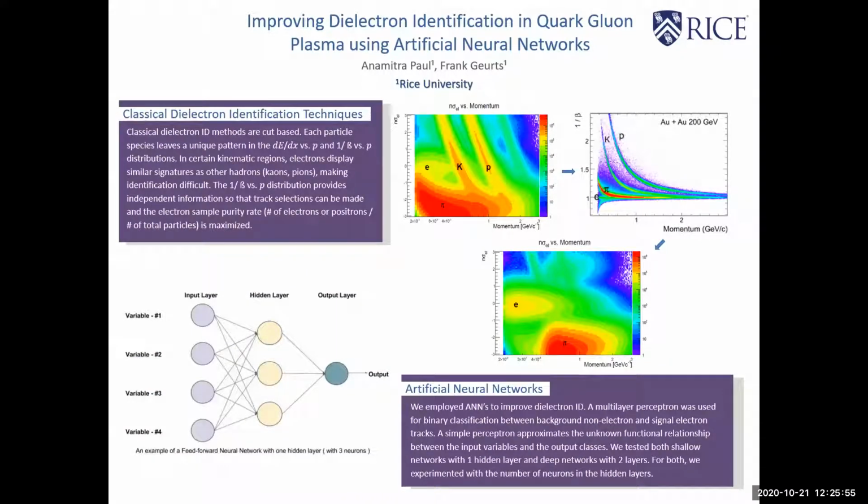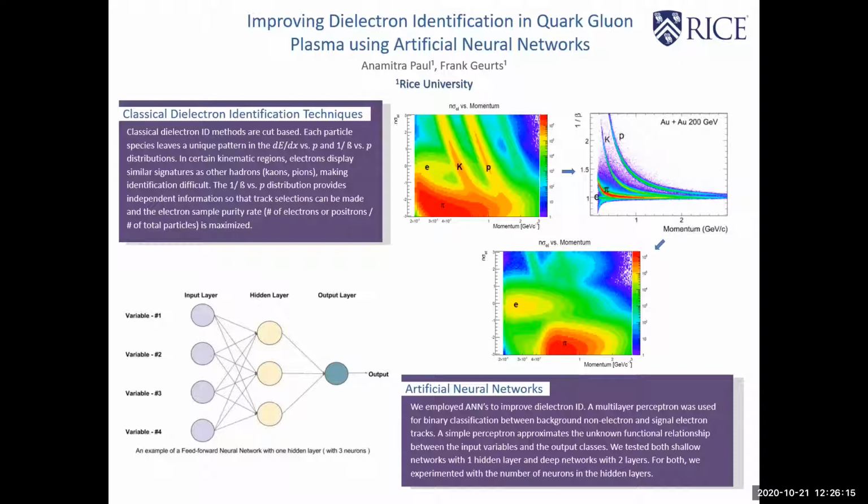Current classical dielectron ID techniques are largely cut-based. In the time projection chamber detector of a particle collider, electrons leave a very specific response in their dE/dx versus momentum distribution. These responses are very similar to other hadrons such as pions and kaons.